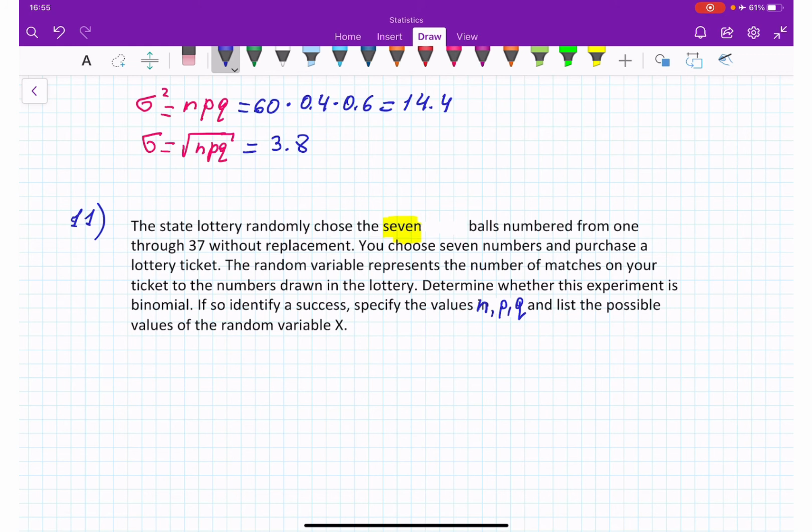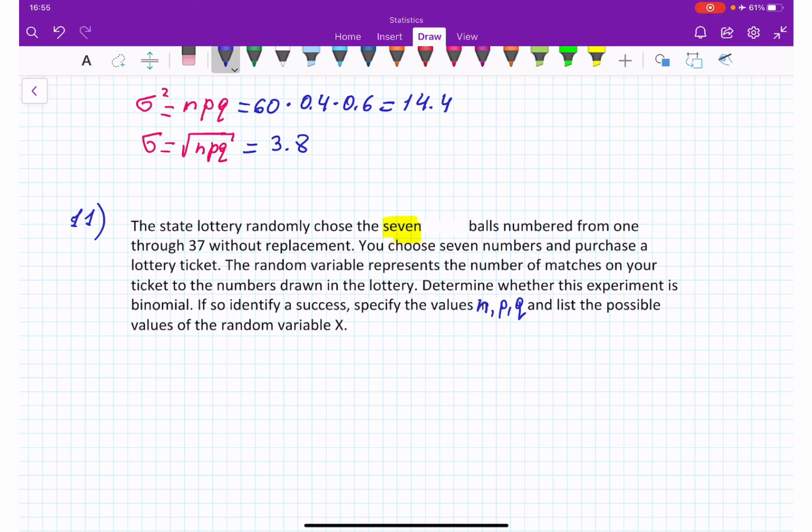Let me go over it one more time. To have a binomial experiment, number one, the experiment has to be repeated for a fixed amount of trials, and all trials have to be independent. Number two, there has to be two possible outcomes total.